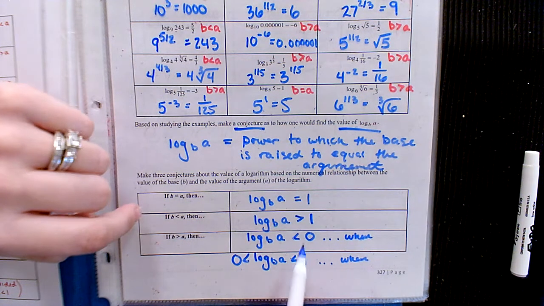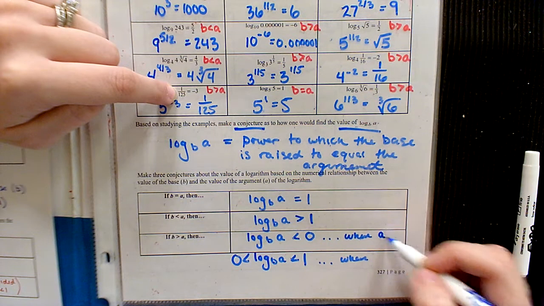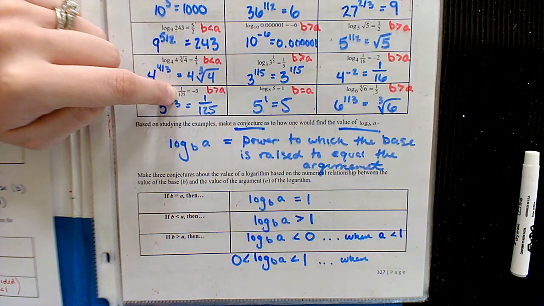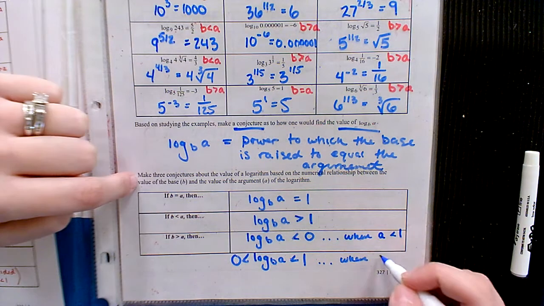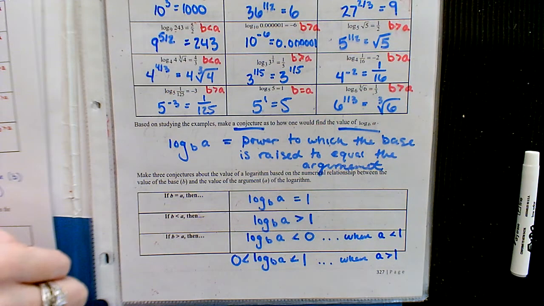So depending on what type of number a is, that's going to dictate what type of answer you get for your log. So when your answer to the log is negative, your a value is less than 1. But if your log value is between 0 and 1, your a value will be bigger than 1. Okay?